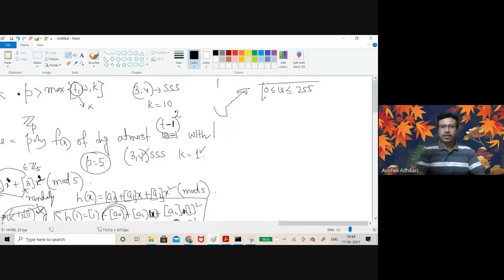A grayscale image looks like black and white, but you have different shades of black. That's why it's grayscale. So each of these pixels can have values 0 to 255.